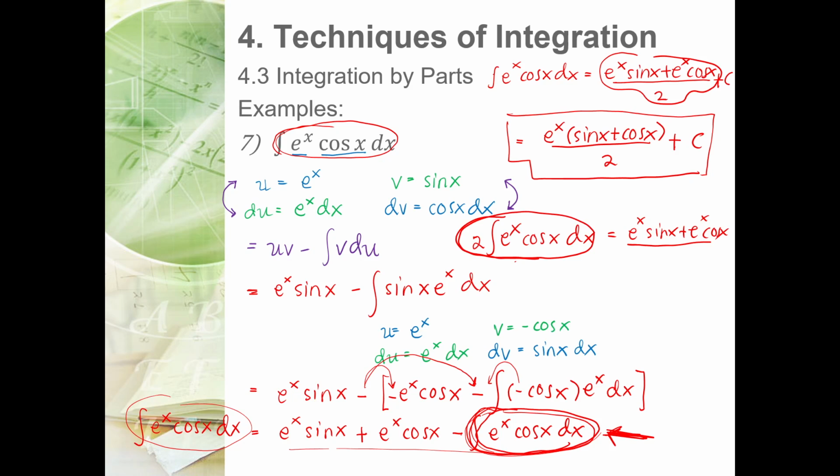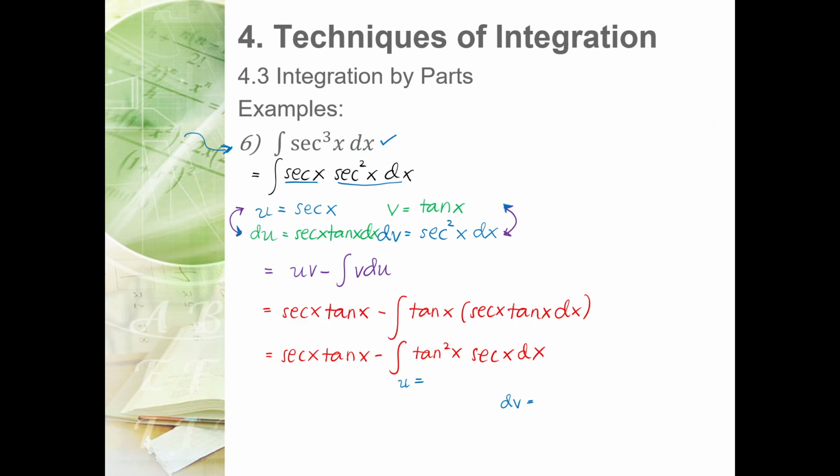So let's try, dv. Okay, let's try. So dv as sec tangent, right? Sec x tangent x.